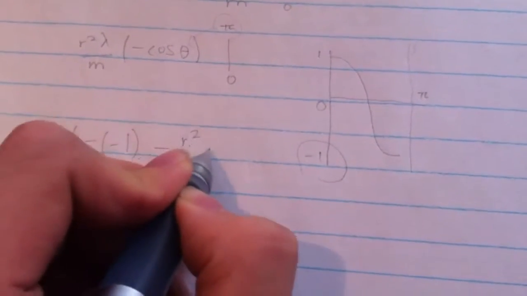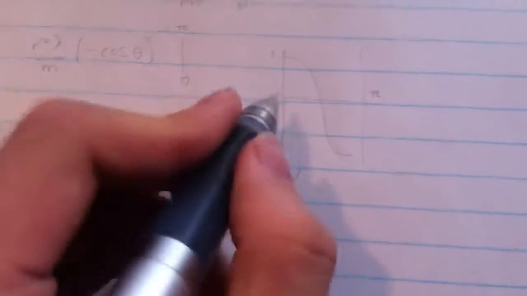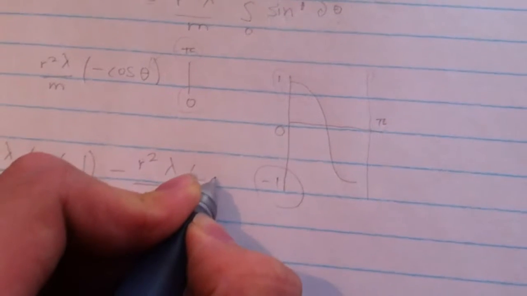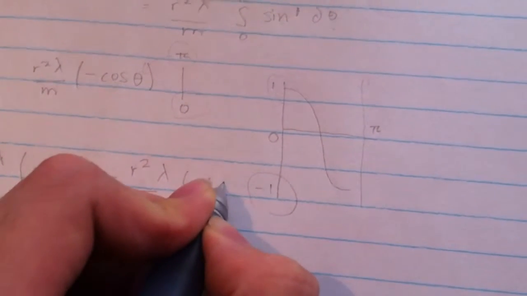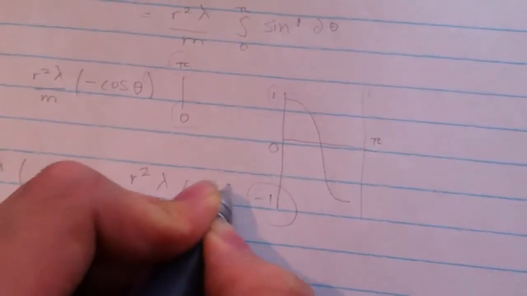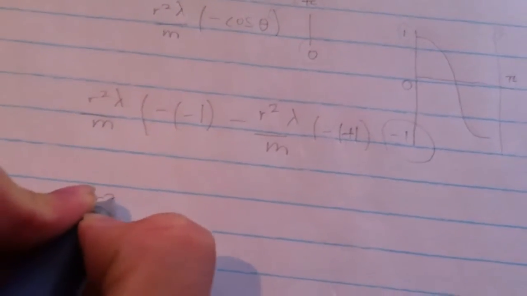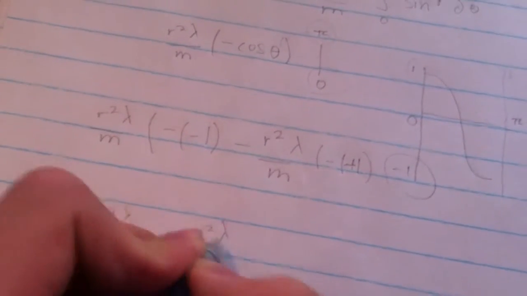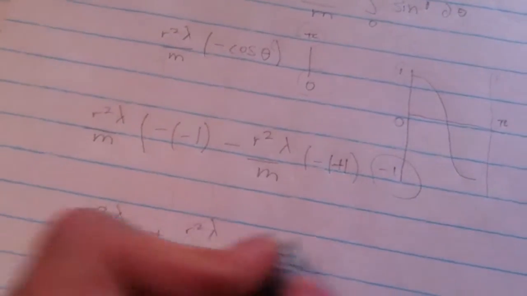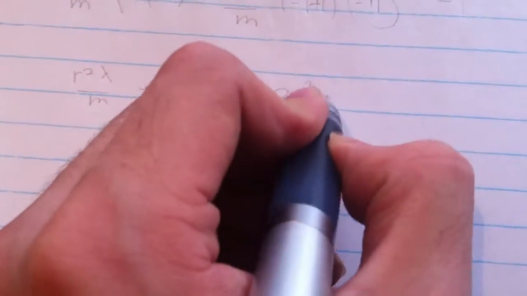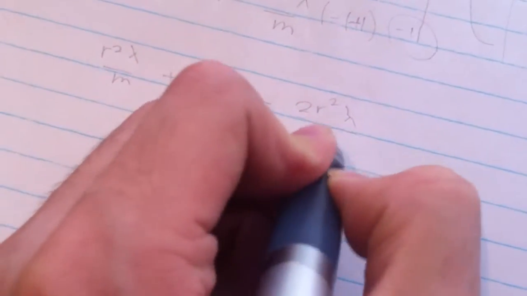Then you plug in a 0 here, that will give us a positive 1, so that will be 1 and then minus positive 1. Now, if we distribute everything out, we will get r squared lambda over m plus r squared lambda over m, which gives us 2r squared lambda over m.